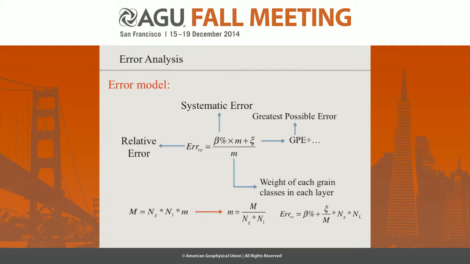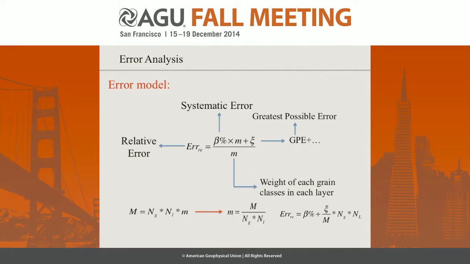For the model error, in future work we will quantify it, which is much more difficult than the observed error. The observed error is a relative error. It is based on the systematic error and the measurement error, presented as the greatest possible error, which is equal to half the smallest interval of your machine.